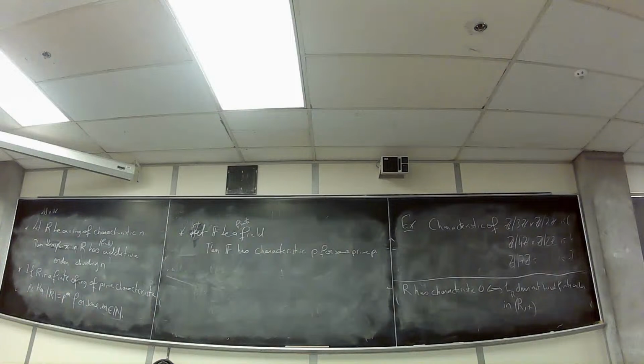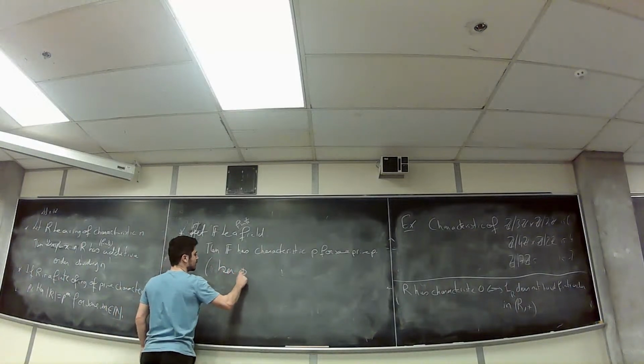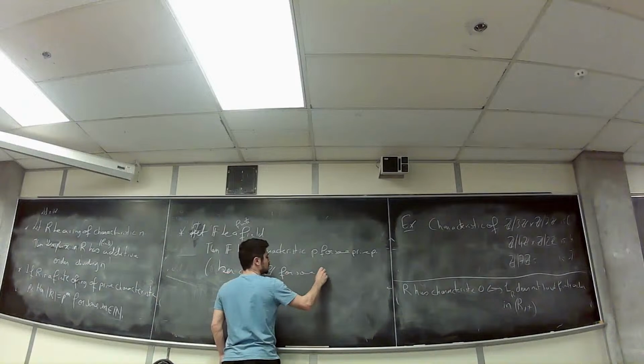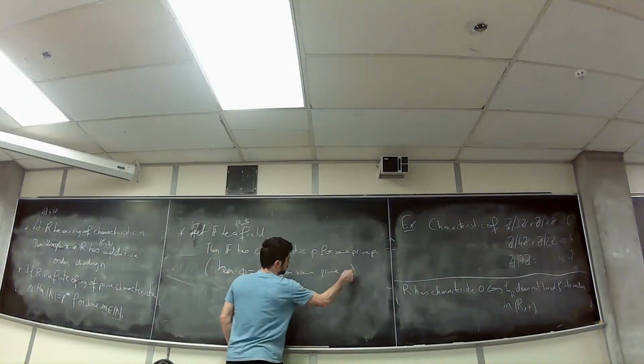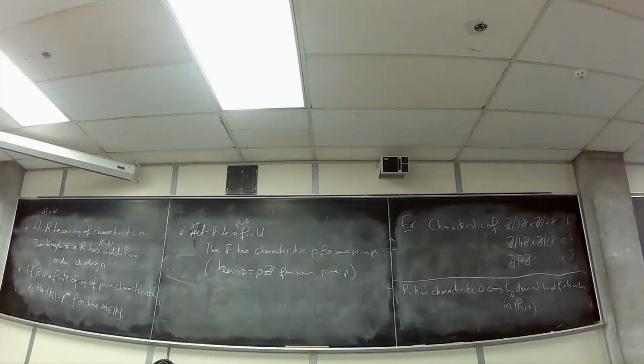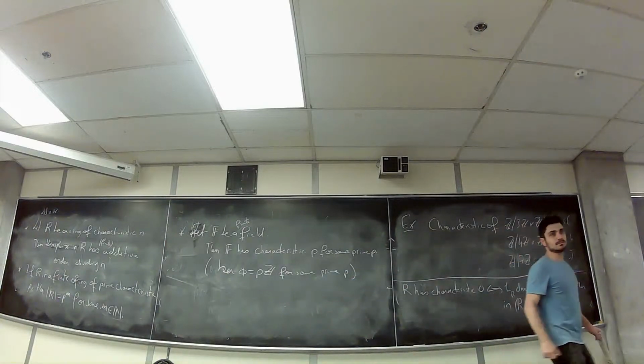In class I said the kernel of phi is equal to PZ for some P. That's the same, right? You remember this from class? I can formulate the question many ways. I can say show that the kernel of phi is equal to PZ for some prime P. These are very cute questions. Could be proofs of 2, 3 lines. You have many of these, so you have to study them all.